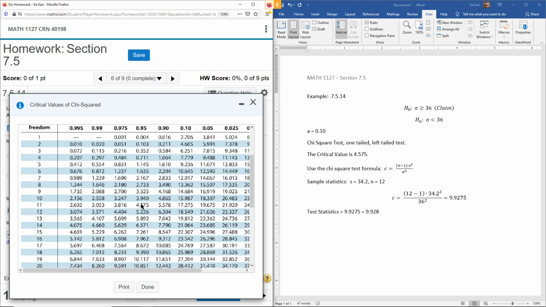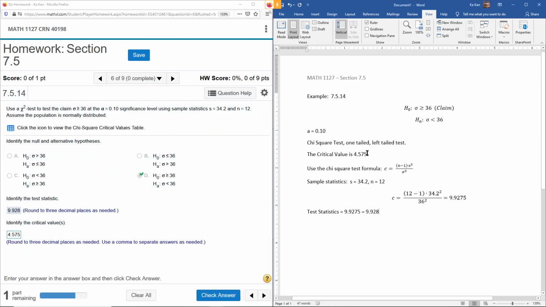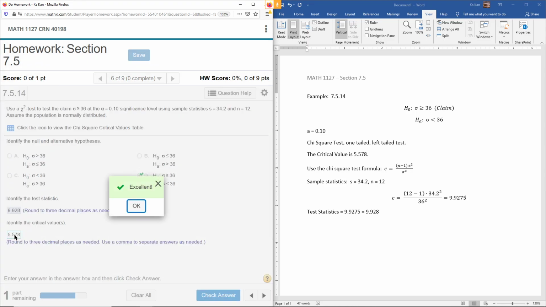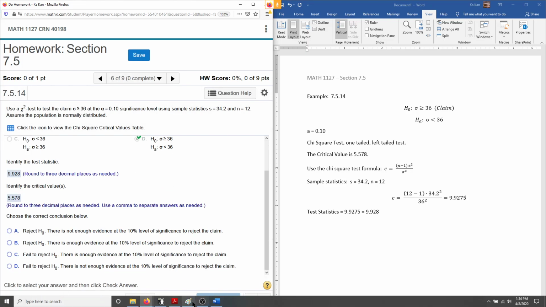Oh, it should be 0.9. My bad. I don't know why I thought 0.95. So that should be 5.578. Right, so there you go. 5.578.